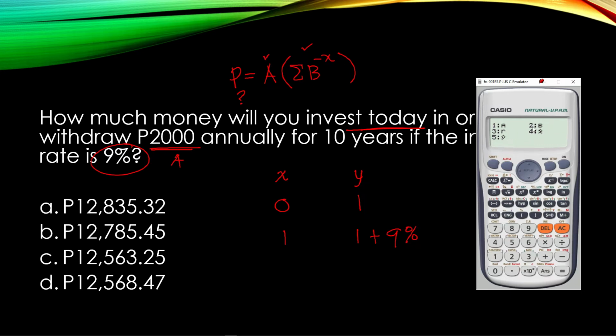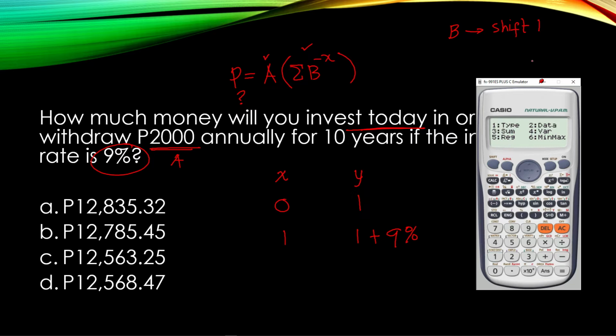Okay, and then we have 2. Okay. So, input lang natin, no? Yung b. Yung b natin, lagay natin dito. Yung b is just shift 1. Then shift 1.